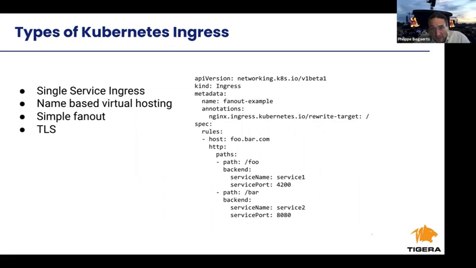And last but not least, there's also support for TLS. So an Ingress controller has the ability to terminate TLS or SSL so that all connections originating from a user up to the Ingress controller can be encrypted.